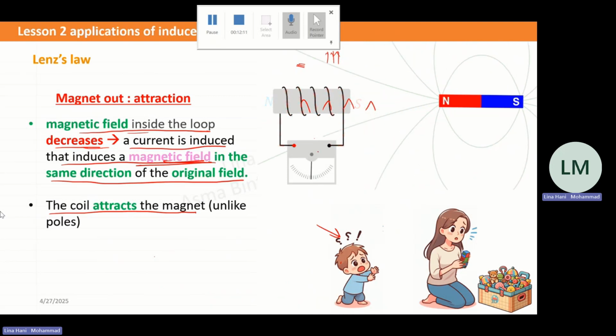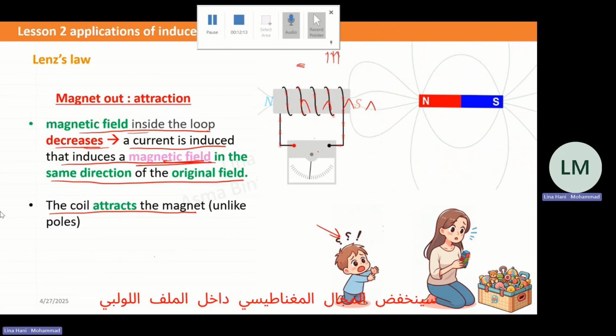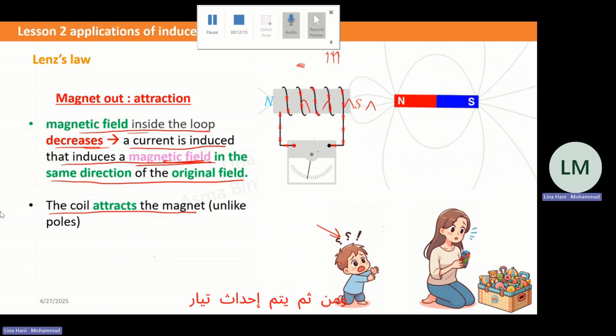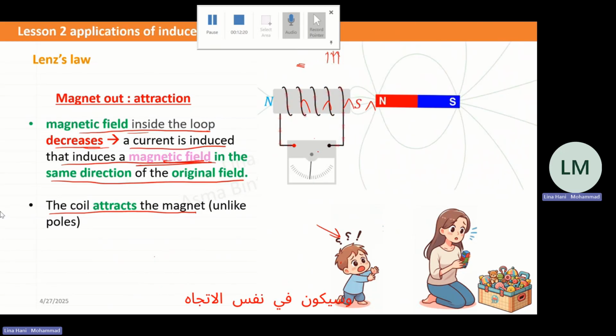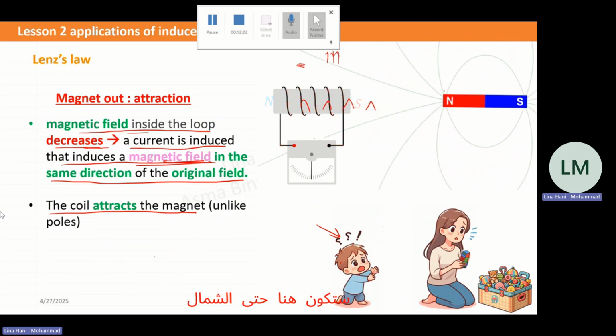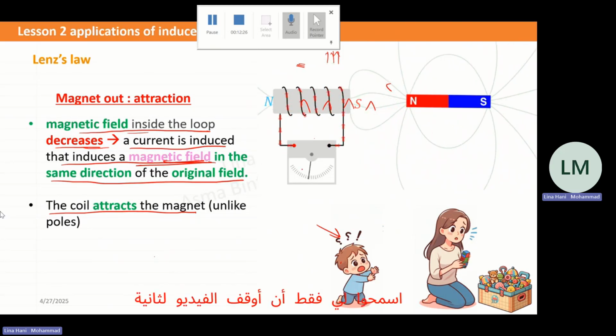Magnet out, the magnetic field inside the solenoid will decrease. Hence, a current is induced that induces its own magnetic field and will be in the same direction. Going to be here. So north, let me just stop the video for a sec.